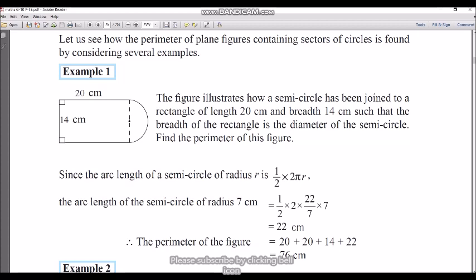In the first example, one side, the breadth of the rectangle, we do not need to use in our calculation, and we only need to add the arc length of the sector. So we have to add 2 lengths plus 1 breadth of the rectangle and then the part of the circle.